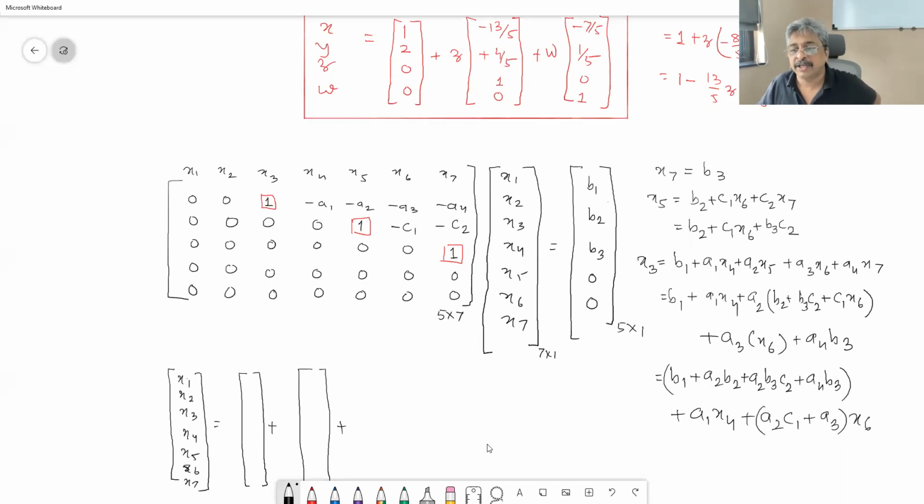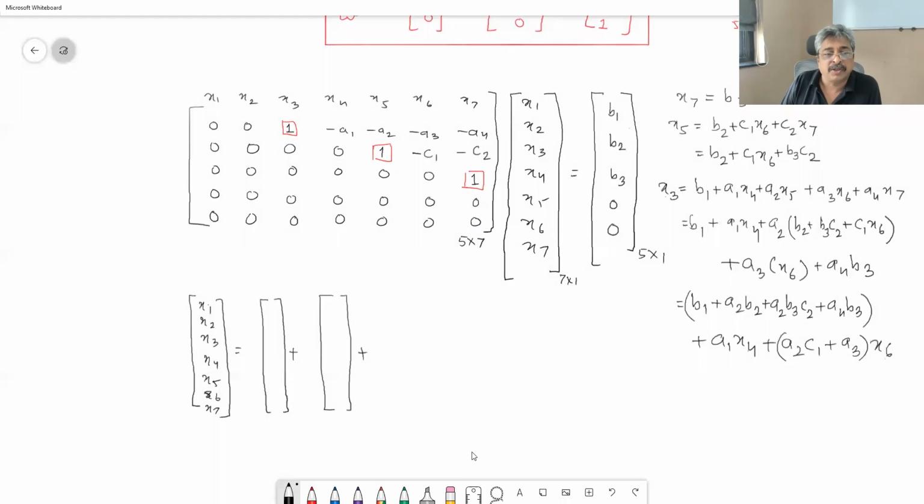So I have expressed x3 in terms of x6, x4. That is all about it, and I have x2 as free variable, x1 as free variable, x7 is fixed. So maybe we can write down the expression now.